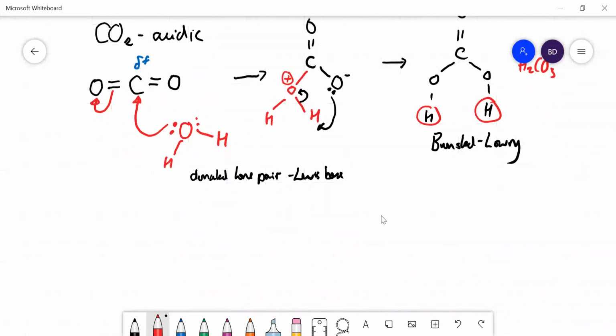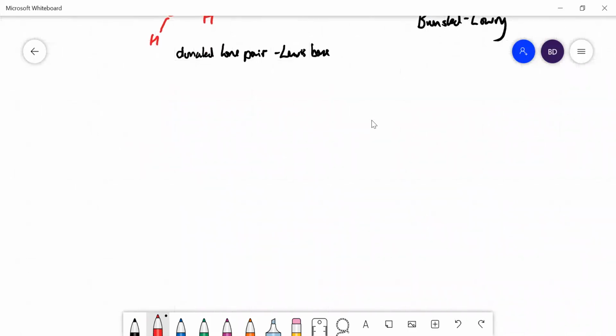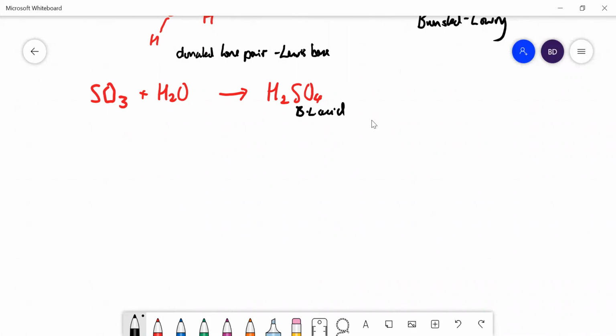Let's see what happens with SO3, sulfur trioxide. It's extremely similar. If you react SO3 with water, you form sulfuric acid, and sulfuric acid, of course, is a Bronsted-Lowry acid, whereas the SO3, as we'll see in a minute, is a Lewis acid.